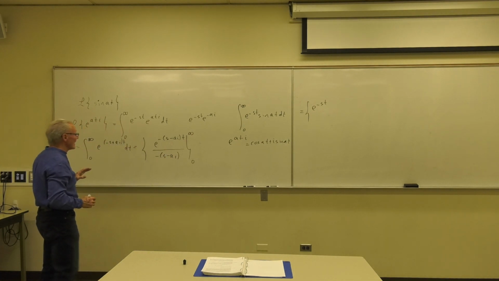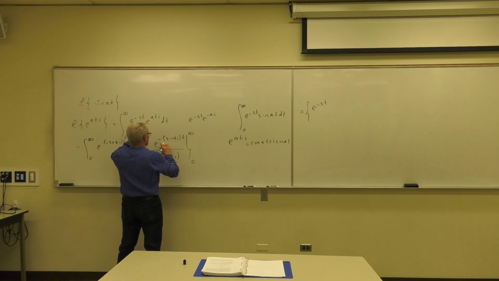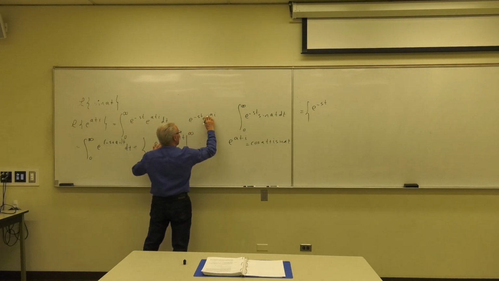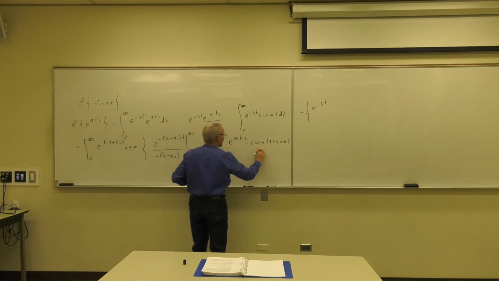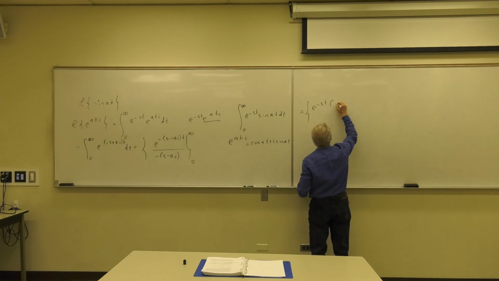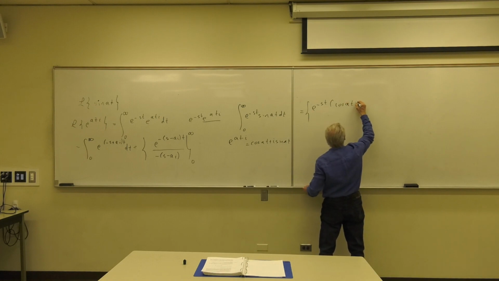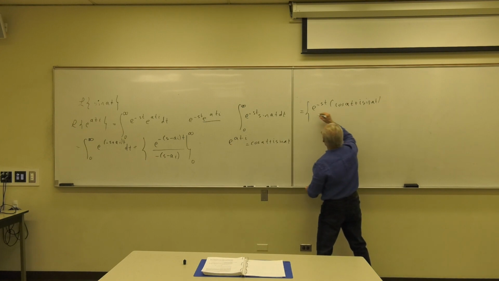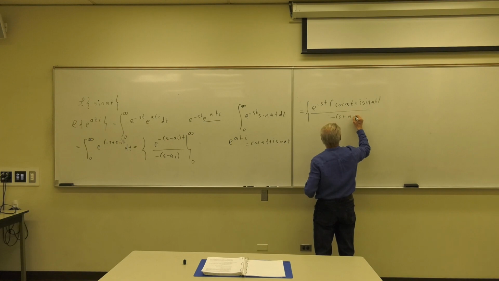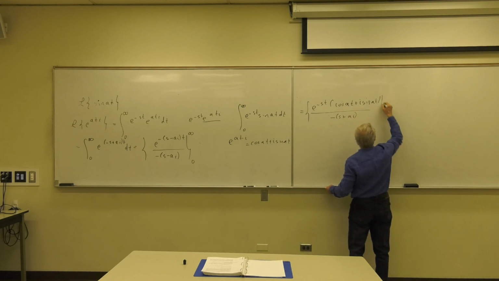All right. So now I'm breaking this one back up to e to the minus st, and it's going to be e to the ati. And for this one, I'm going to put this. So we'll have cosine at plus i sine of at, all over, what do we got on the bottom? Minus s plus ai, and 0 to infinity.